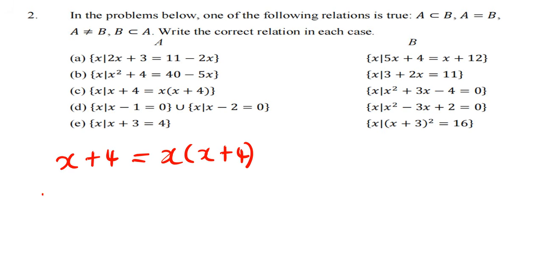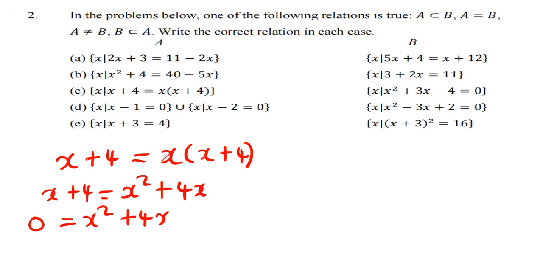So I'm going to have x + 4 equals, when the x distributes in the brackets, x squared + 4x. Then I put the like terms together. I'm going to take everything to the other side, so I'm going to remain with 0. When the x goes to the other side, it becomes negative x.